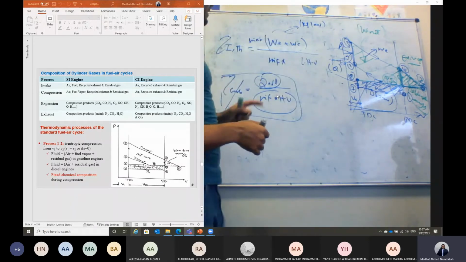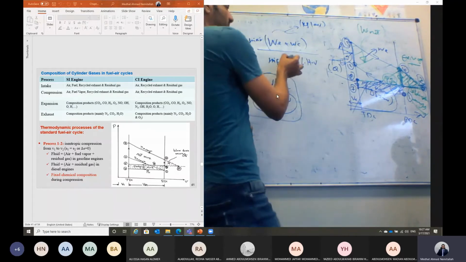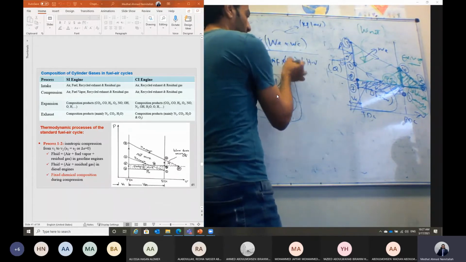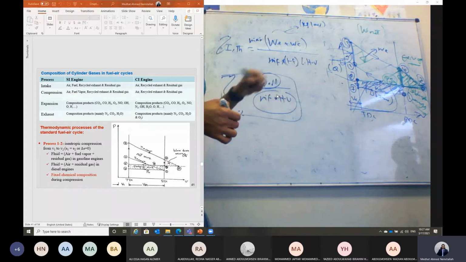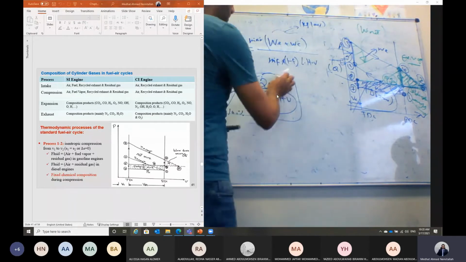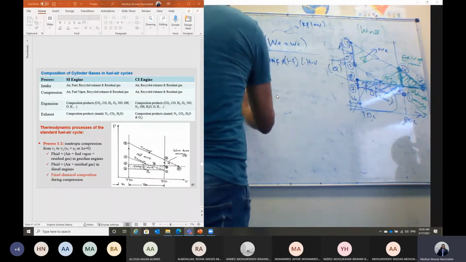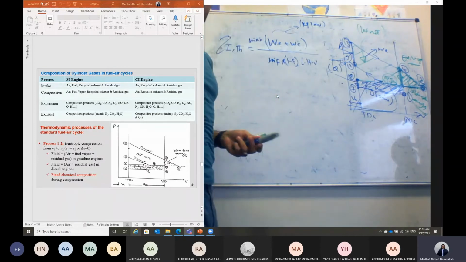But actually we do have some residual gases, which should affect the combustion of the fuel. So in this case, to balance this equation, we have to multiply here by 1 minus F, where F is the residual gas fraction. So the indicated thermal efficiency will equal m dot air multiplied by the expansion work plus the compression work, divided by m dot fuel multiplied by 1 minus the residual gas fraction multiplied by the lower heating value.